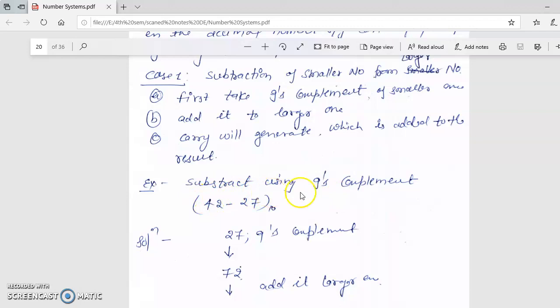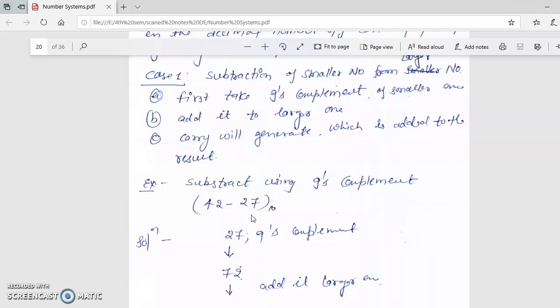Subtract using 9's complement 42 minus 27 base of 10, means this number is decimal number and we know that the subtraction using 9's complement is performed for the decimal number. So first step is first check the 9's complement of the smaller one. In this number 27 is smaller from the 42, so we take the 9's complement for the 27.